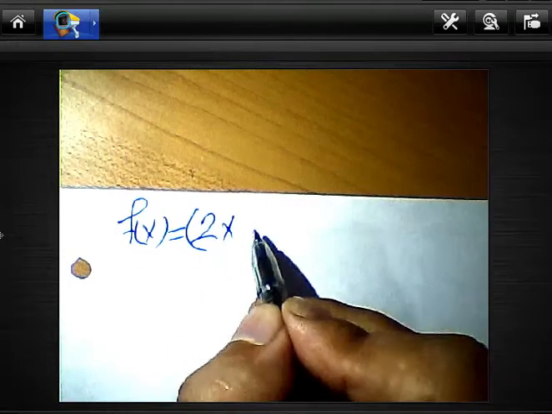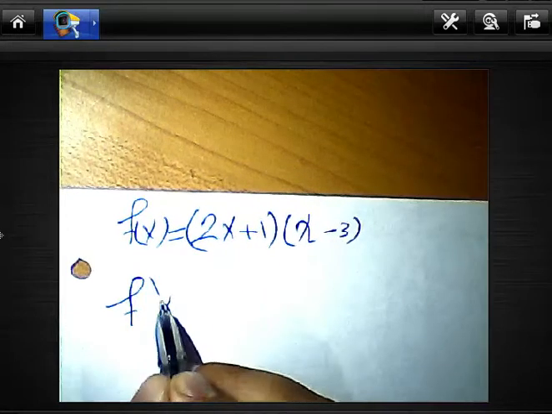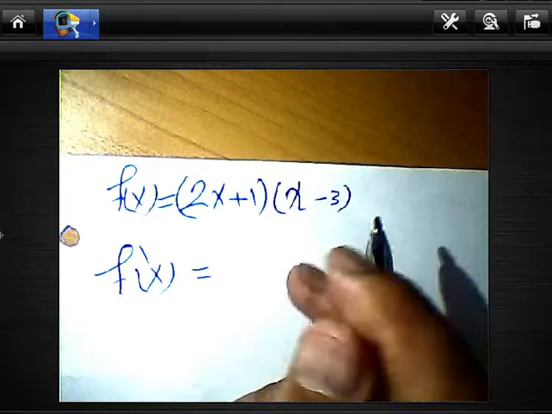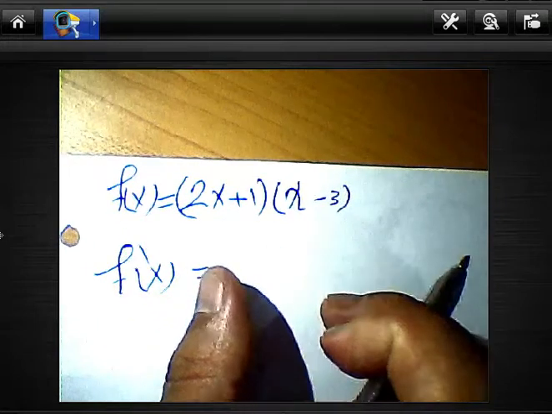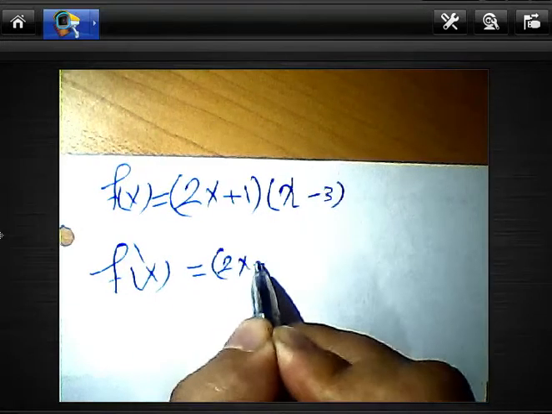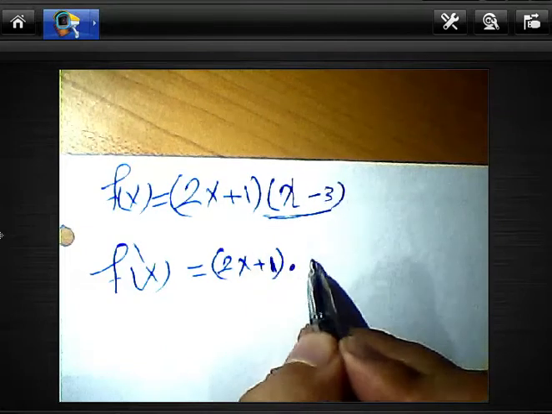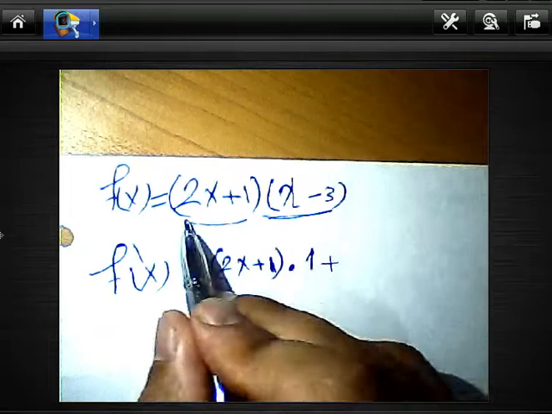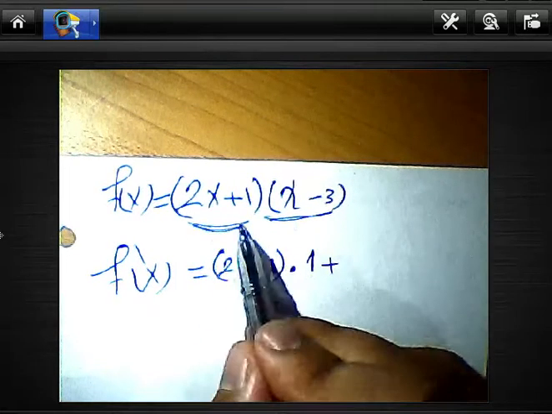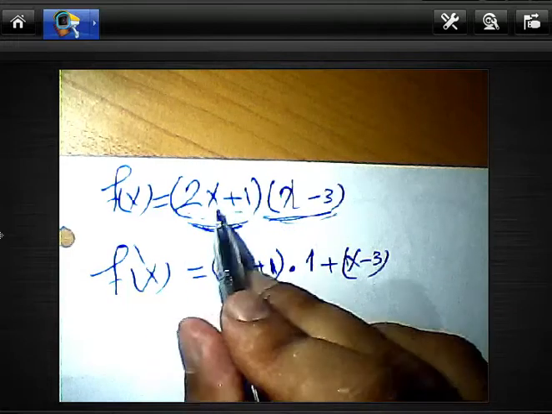What about this example? Look here, f of x equals 2x plus 1 multiplied by x subtract 3. We can find the derivative of this function. Here we have two terms. We can write 2x plus 1 multiplied by the derivative of the second, which will be 1, plus the second multiplied by the derivative of the first term.